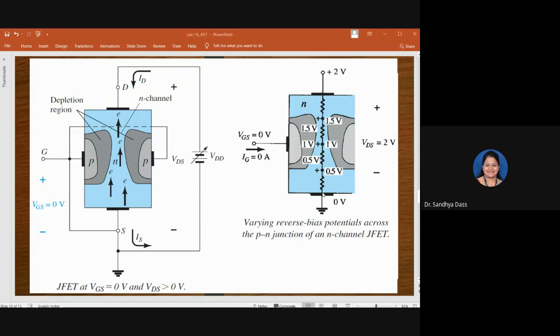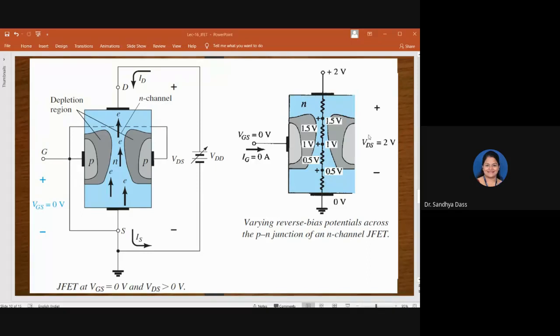As you can observe, the upper region, which is the gate terminal, will be slightly nearer to the drain terminal. So the resistance at the upper region will be, say, 1.5 compared to the resistance at the lower region of the channel.